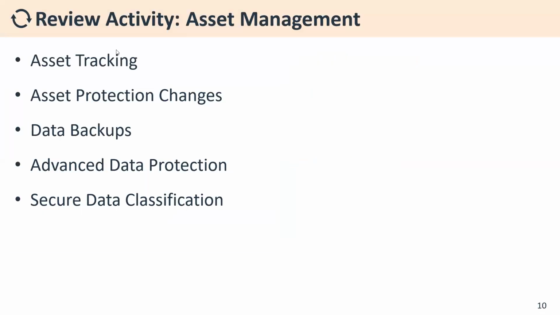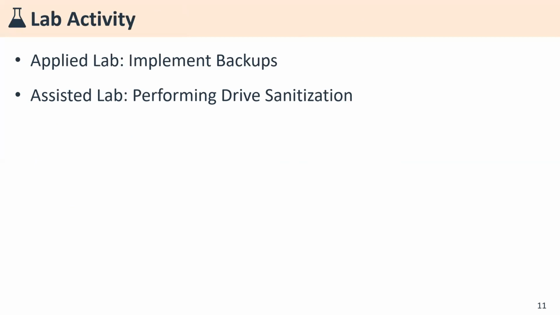Here we looked at asset tracking, asset protection changes, data backup, advanced data protection, and secure data classification. For your exam, you're looking at being able to differentiate and understand what solution will be best for whatever kind of scenario. Okay, for lab activities, you can look at implementing backups and performing drive sanitization.